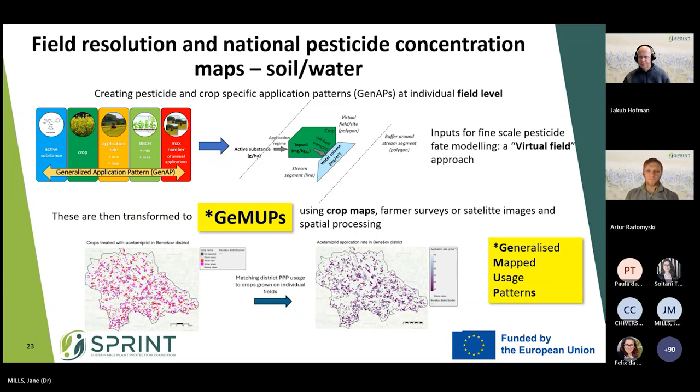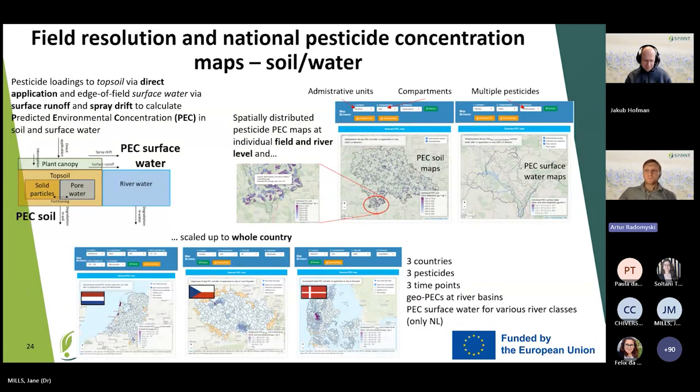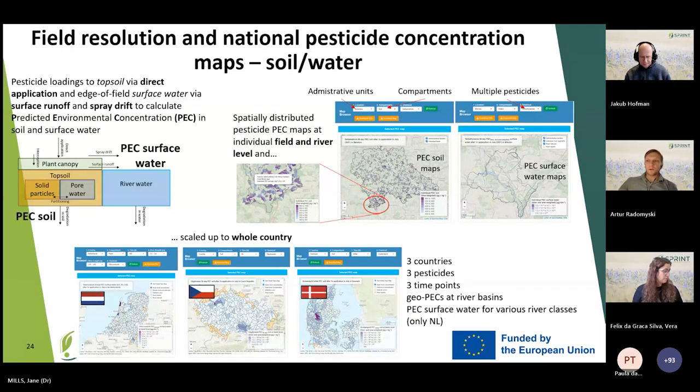Next slide, please. So the quantity of pesticides in soil is calculated using spatially distributed input data, such as crop interception factors, soil-related variables, and pesticide application rates. The main entry pathways for pesticides are direct application to soil, surface runoff, and spray drift to adjacent river bodies. We adopted a modeling approach in which processes driven by land characteristics directly affect how much of the pesticides applied on a given crop enter agricultural soil and adjacent streams.